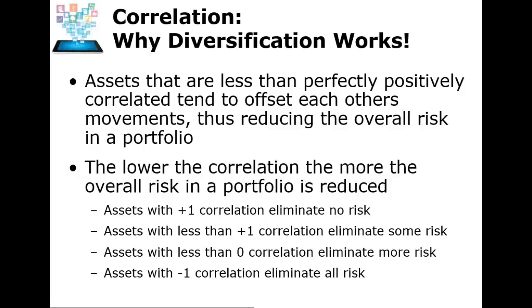One stock goes up 10%, the other stock goes down 10%, you're still at zero. So having them at -1 means you have no risk, but you have no return. So you want your correlation hopefully to be somewhere between 0.5 and -0.5, because that would be a little bit more productive of a portfolio, and your risk would be more mitigated that way. You don't want to be on the two extremes.